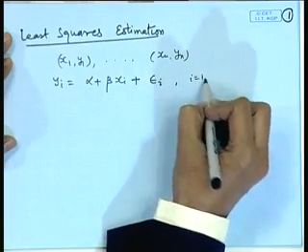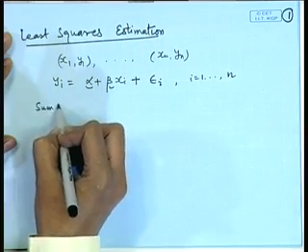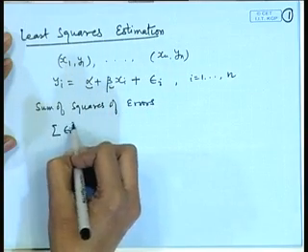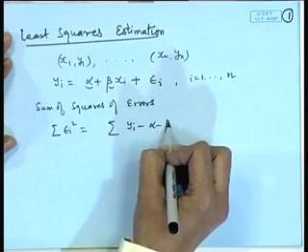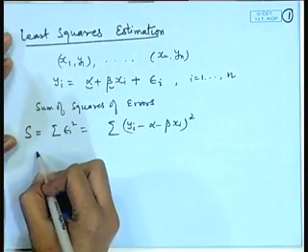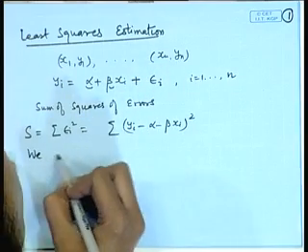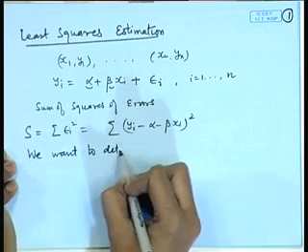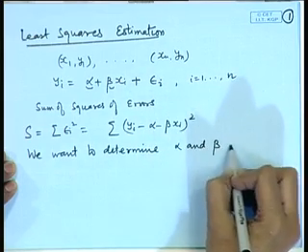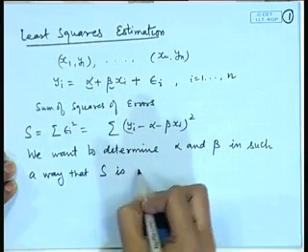So, the purpose is that we should estimate the parameters of the model, that is alpha and beta, in such a way that the sum of squares of errors, that is sigma yi minus alpha minus beta xi whole square, let me call it S. So, in the least squares method, we want to find alpha and beta such that this S is minimized.